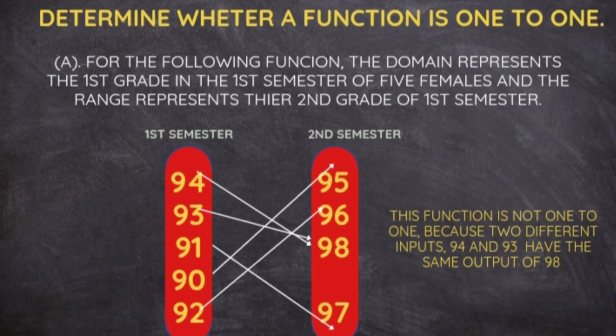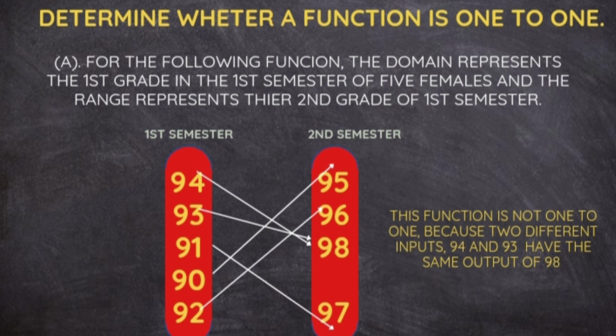Okay, for example, determine whether a function is one-to-one. For the following function, the domain represents the first semester grade of 5 females, and the range represents their second grade of the first semester.